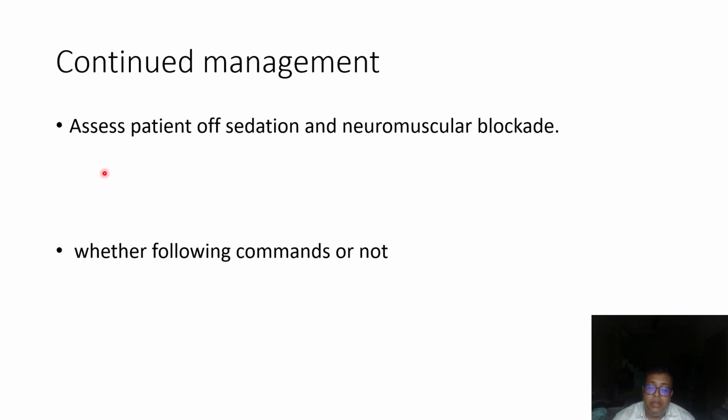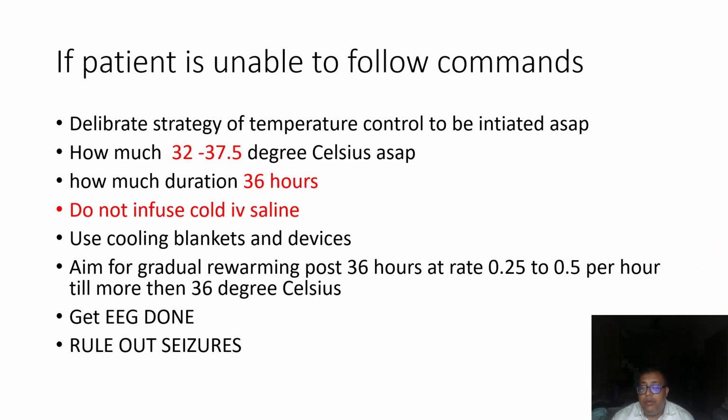Now, once the continued management is ongoing, you will stop the sedation and neuromuscular block and see whether your patient is able to follow commands or not. If the patient is not able to follow commands, then as per the 2025 update, you have to initiate a deliberate strategy of temperature control as soon as possible.